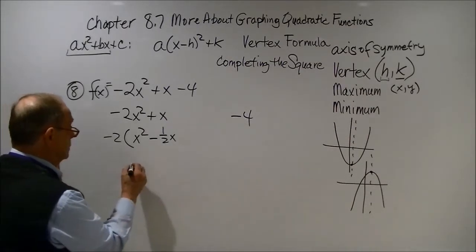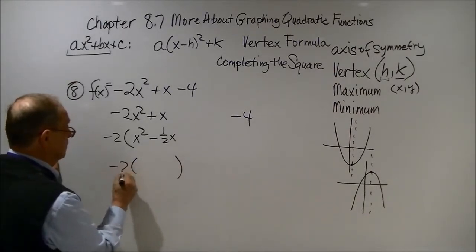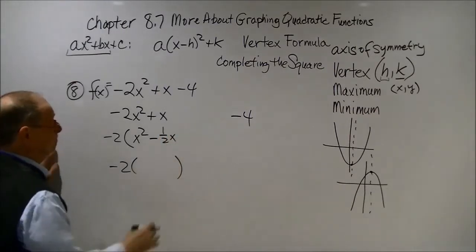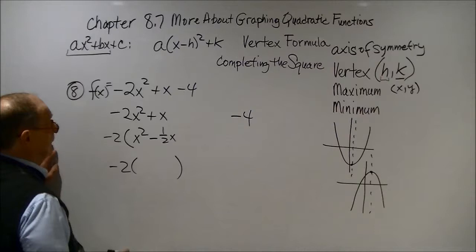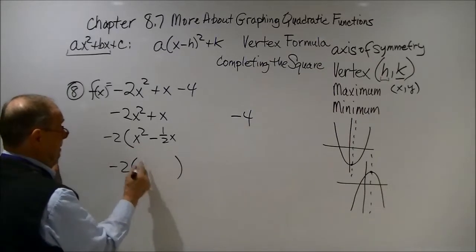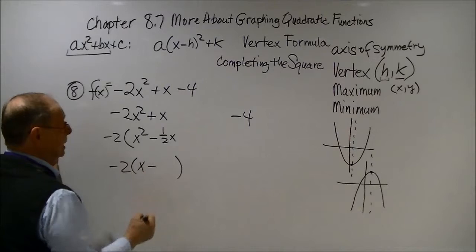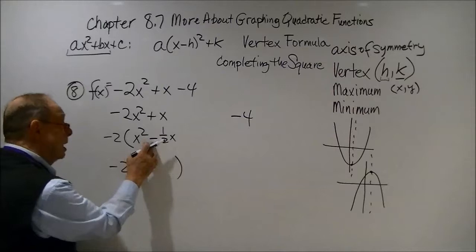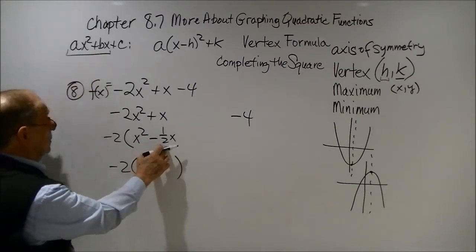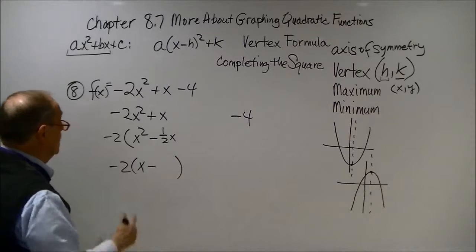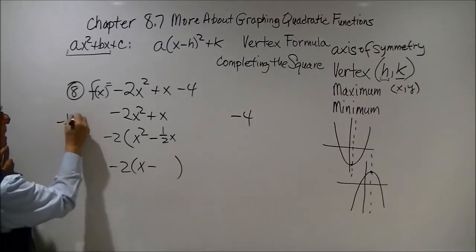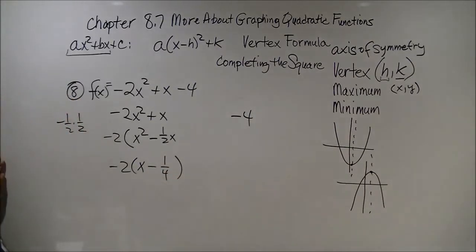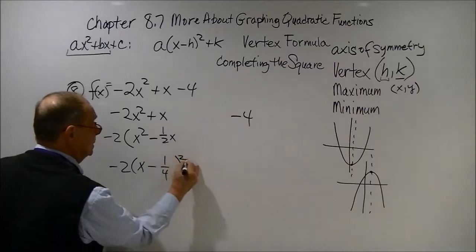Now, what I want to do is try to find what my C term will be. So this is going to be an x. The sign is going to be negative. And now I have to take 1/2 of my B term, which is a negative 1/2. Well, a negative 1/2 times 1/2 is a negative 1/4. And this will be squared.